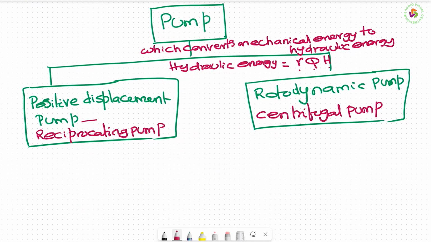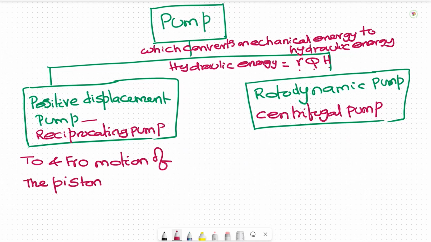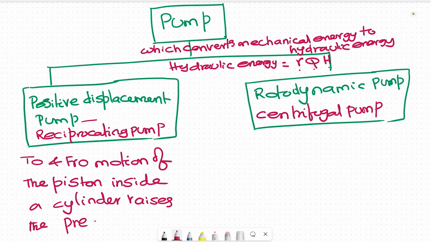Then coming to the reciprocating pump. What is reciprocating? That means the to and fro motion of the piston inside a cylinder raises the pressure head.